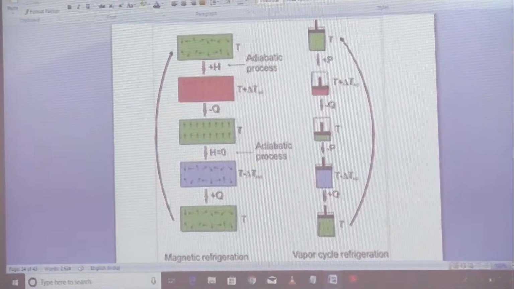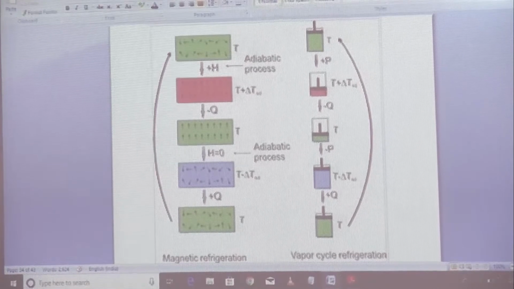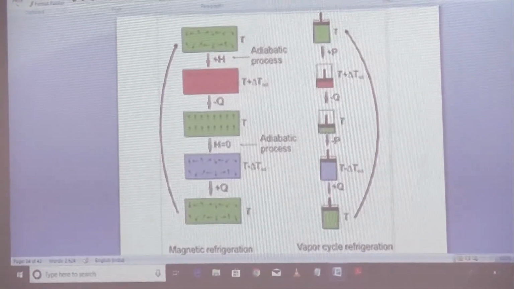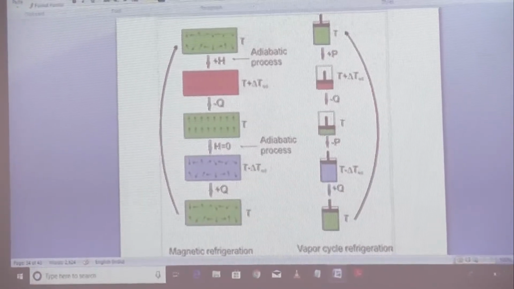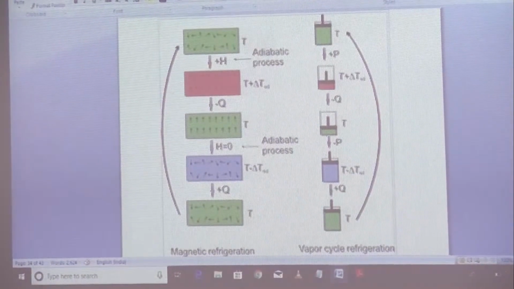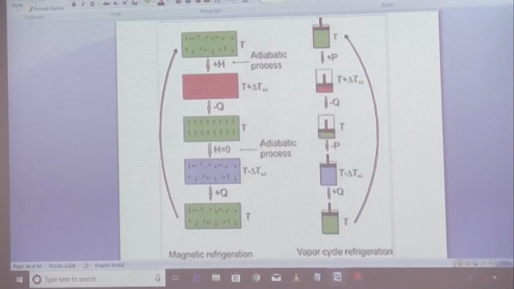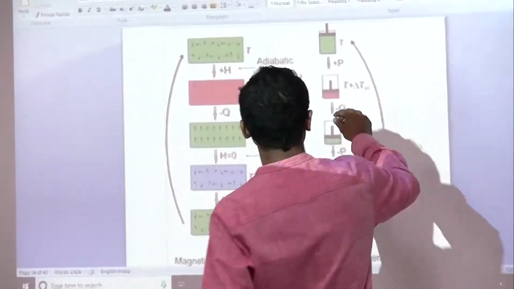Now if you consider temperature, temperature is temperature. There is no difference. Correct? Now what else? Volume, in this particular case, is related to magnetization, because if you think about it, here the volume reduces.